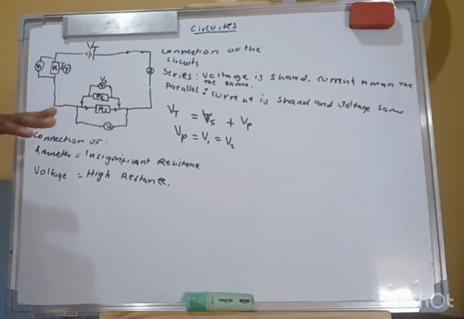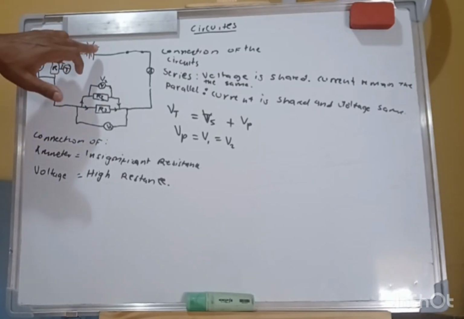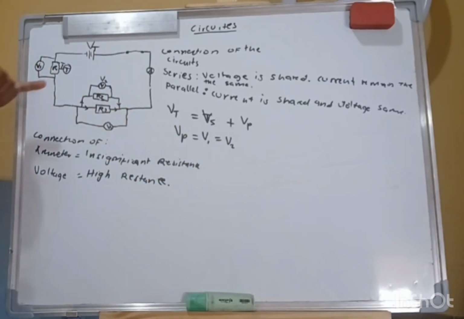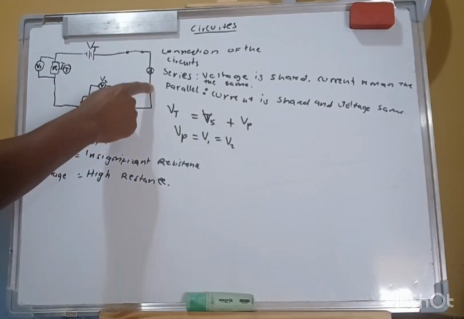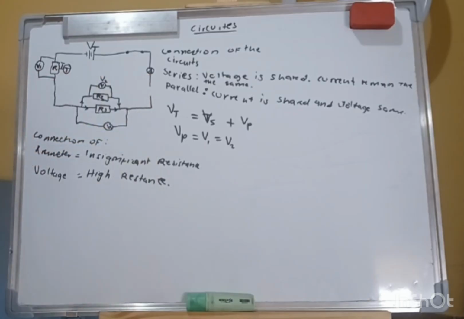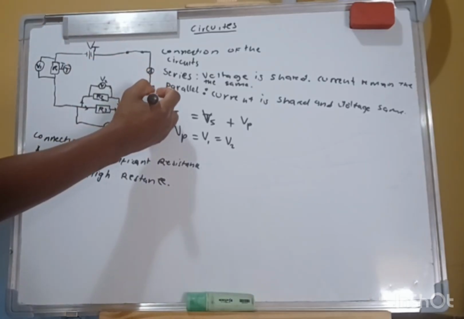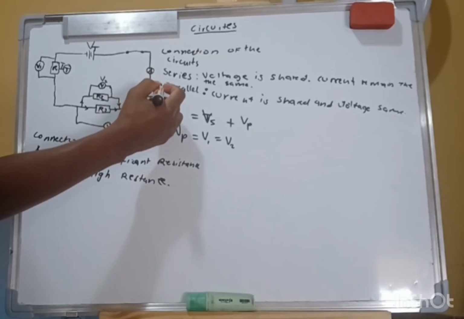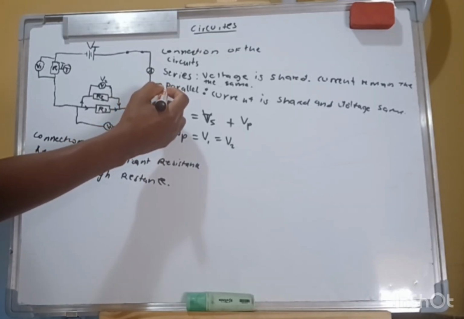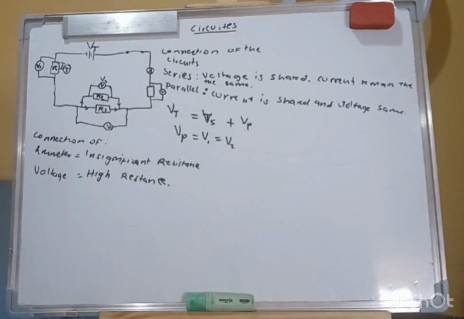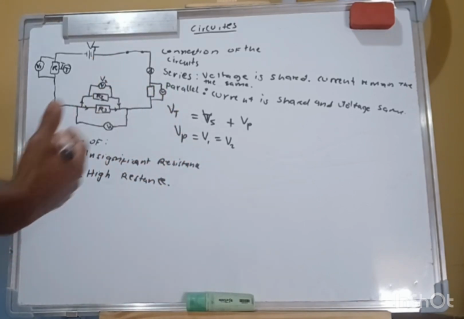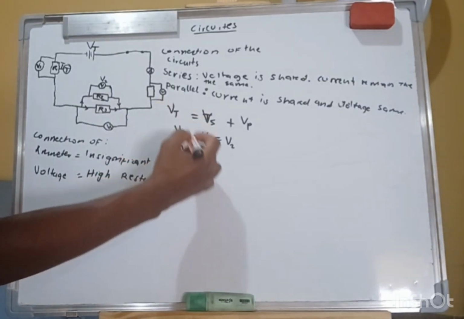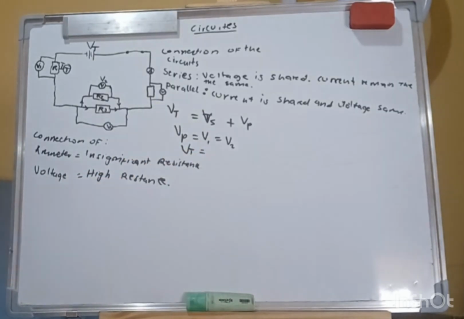If there was nothing here, we would say VT is also equal to those voltages. But let's say now I add another resistor there, and obviously it will have its own voltage. So for us to get the total voltage, it will be equal to the voltage in series.